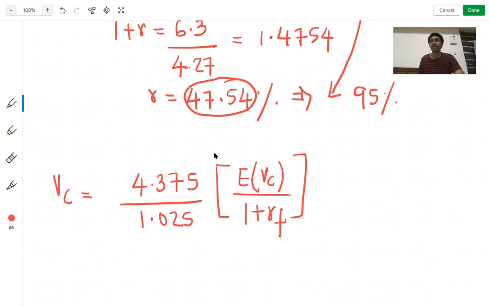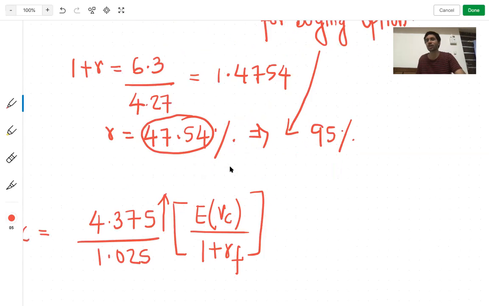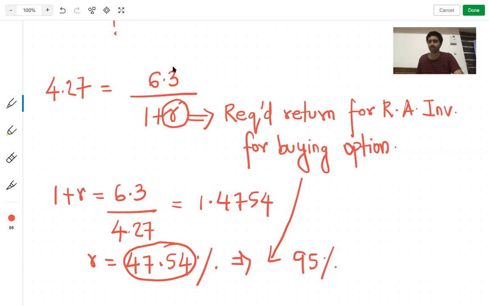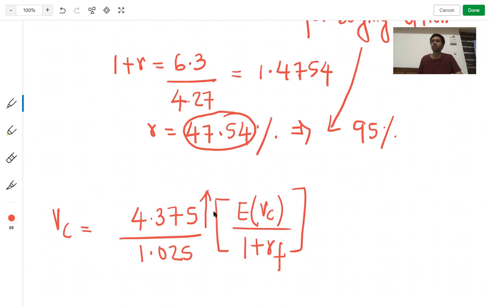And when we try doing the same thing in the risk-averse world, the numerator goes up. 4.375 has gone up to 6.3, because the upside probability has gone up.